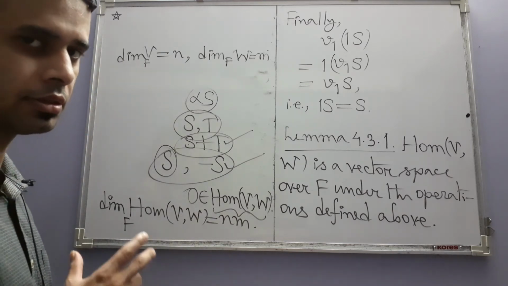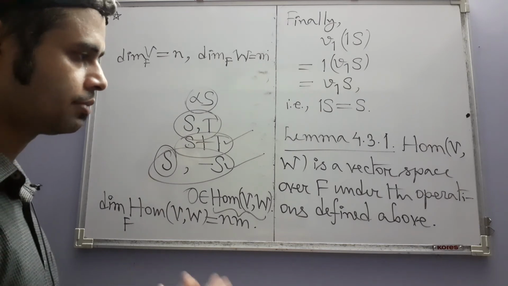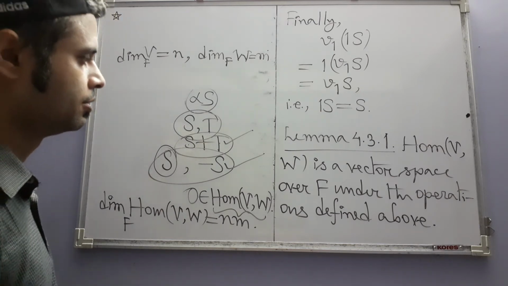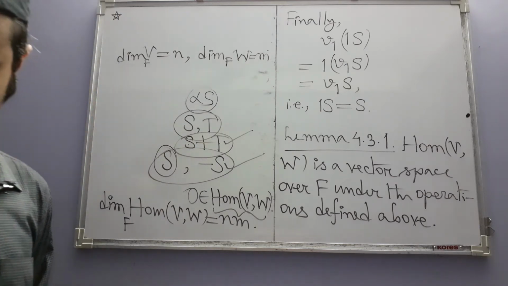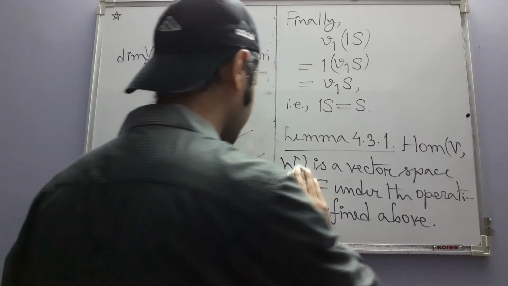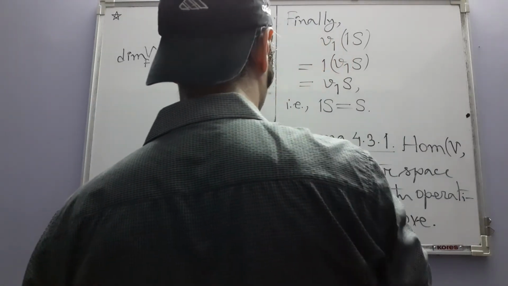Okay, so this we will show in the next result, and that of course I will do in the next video. But before we end this video, let me just say something else about this Hom set.